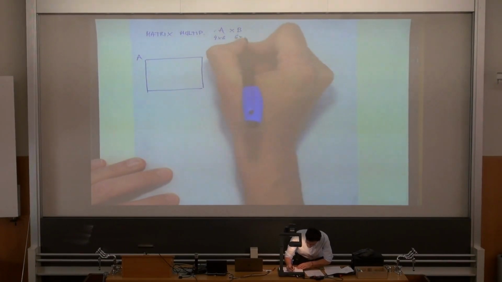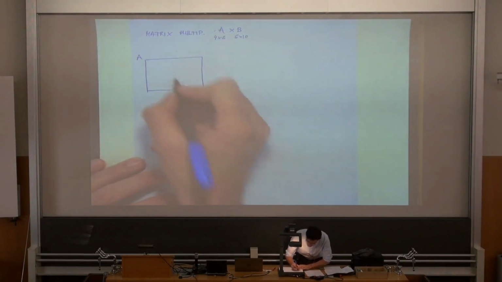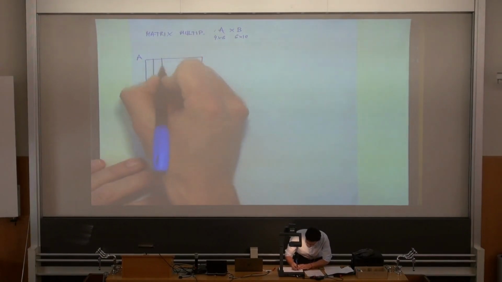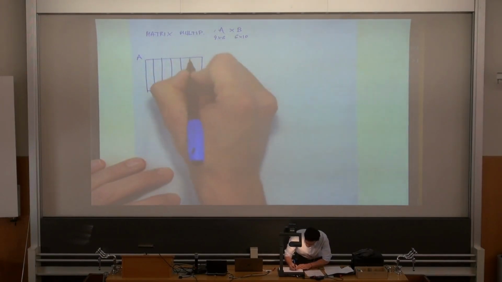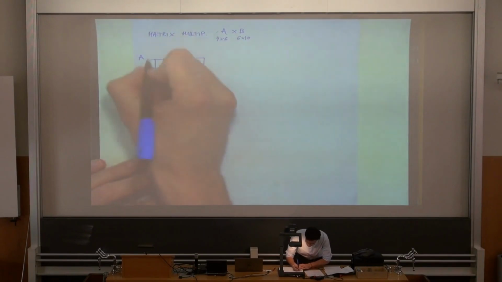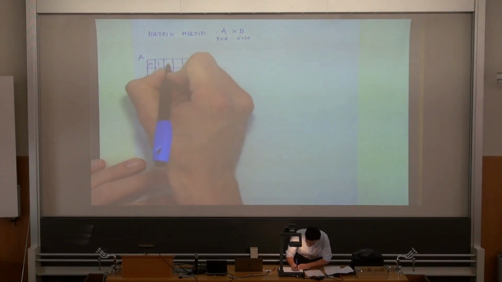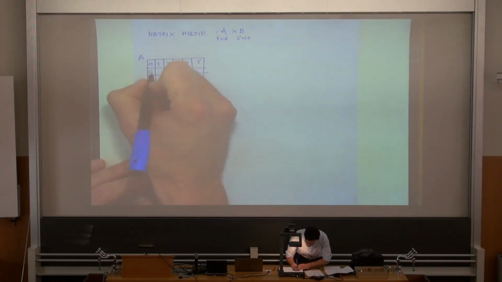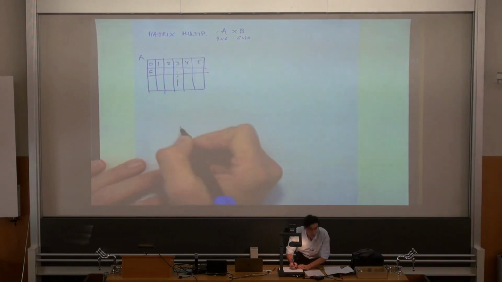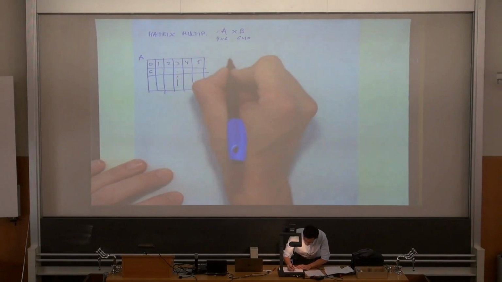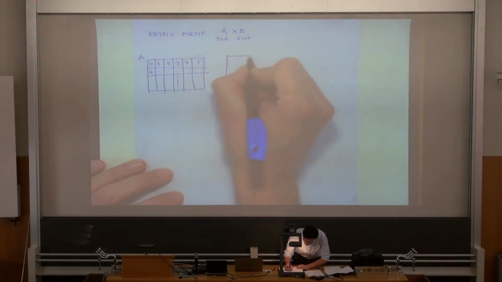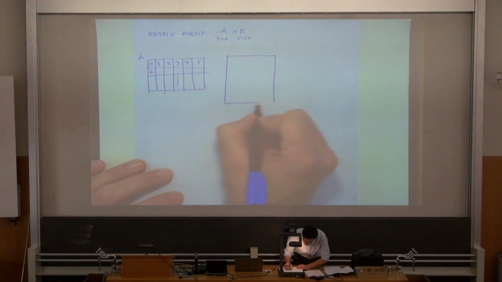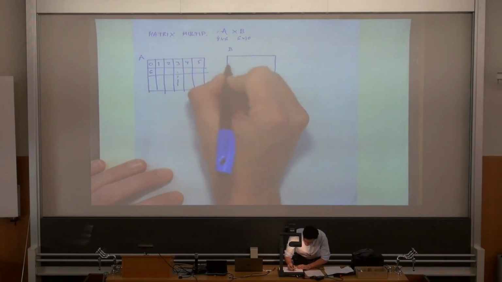Matrix B has 6 rows and 10 columns. So here we have six columns, with elements 0, 1, 2, 3, 4, 5. This is element 6, and so on. Here we have matrix B.